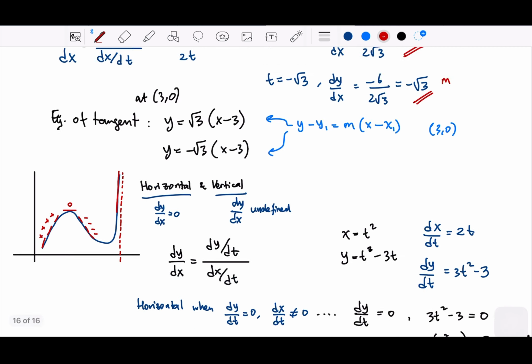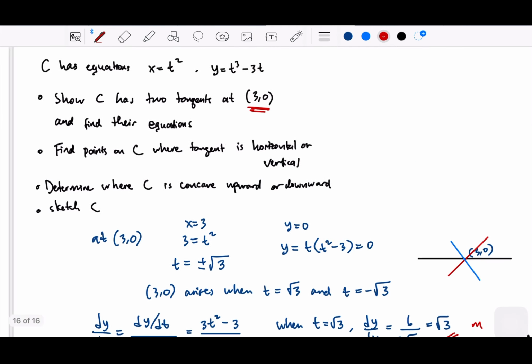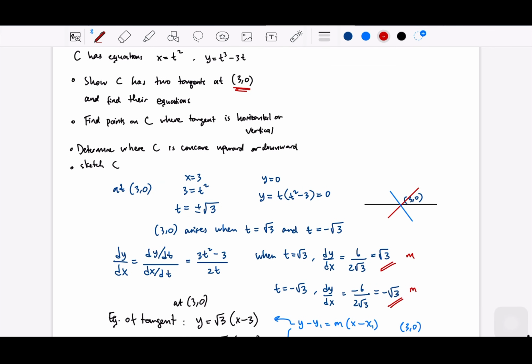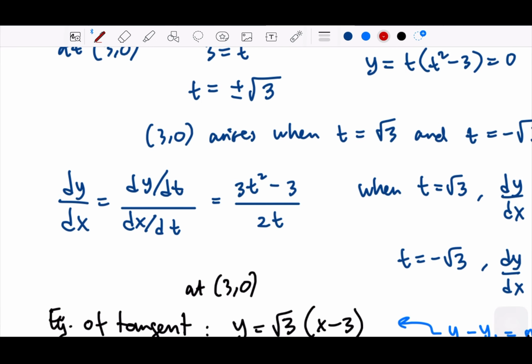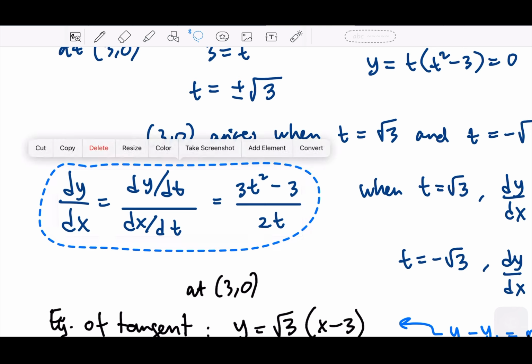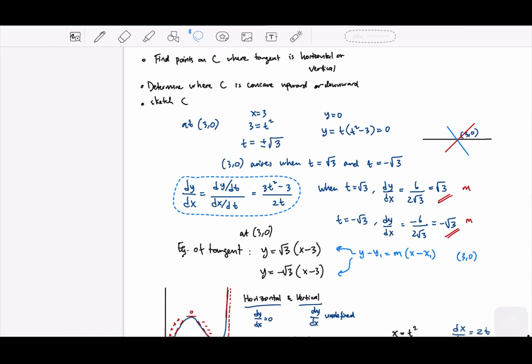Okay, now the next question is to determine where the curve is concave upward and concave downward. So basically the concavity will be related to the second derivative, right? The second derivative. Let me copy this to the next page.